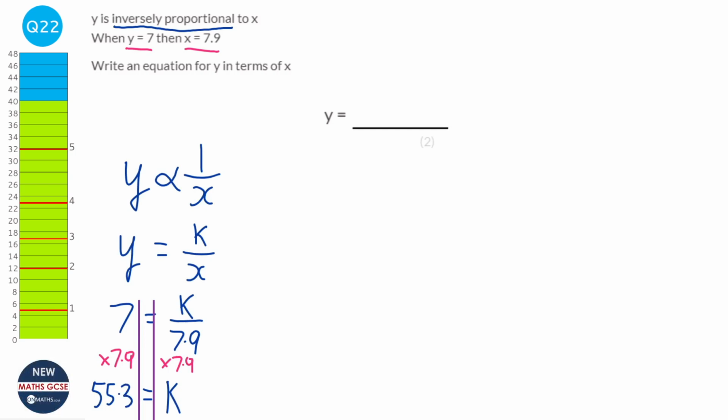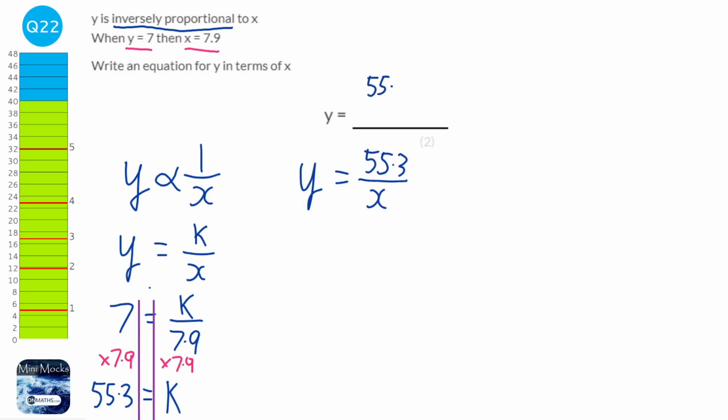So we know that k is 55.3. So I'm just going to rewrite this equation here, or this formula here. But instead of k, I know that it's going to be 55.3. So our answer is y equals 55.3 over x.